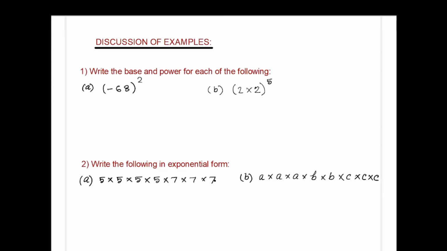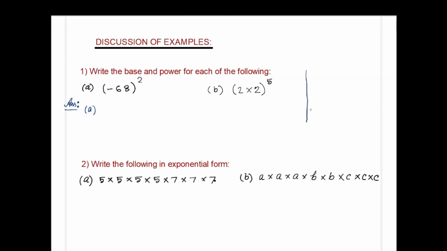So now come to the first question. Here, which number is downward? Minus 68. So this will be the base, and upward 2. I forgot to say one more thing.